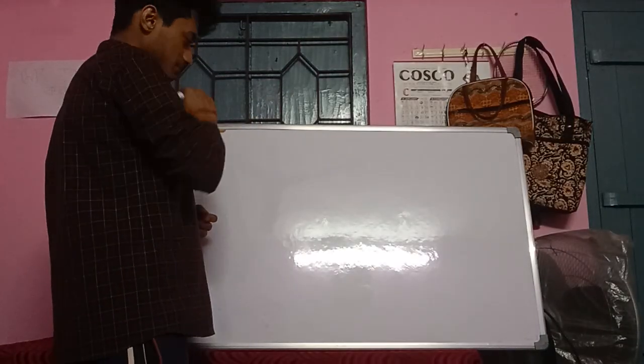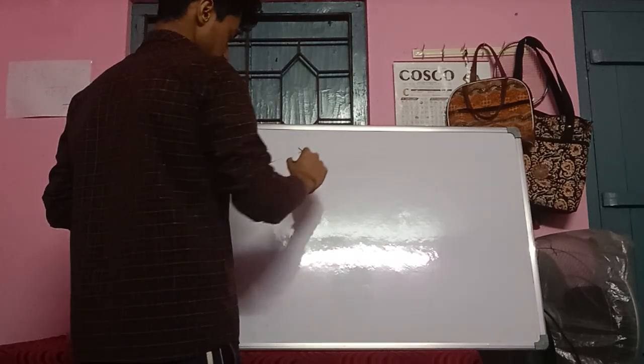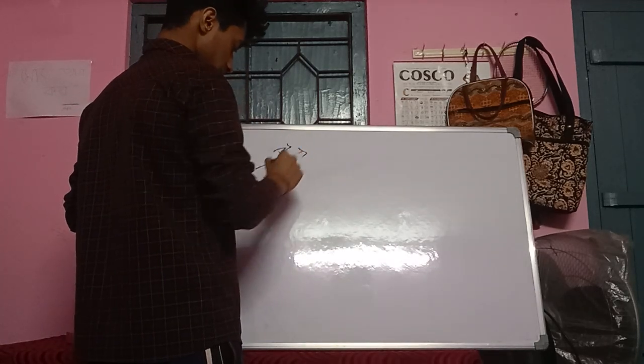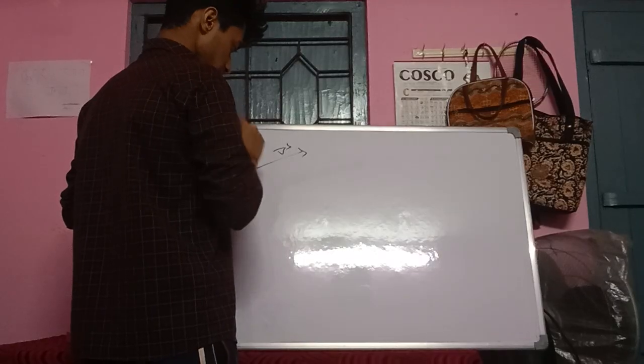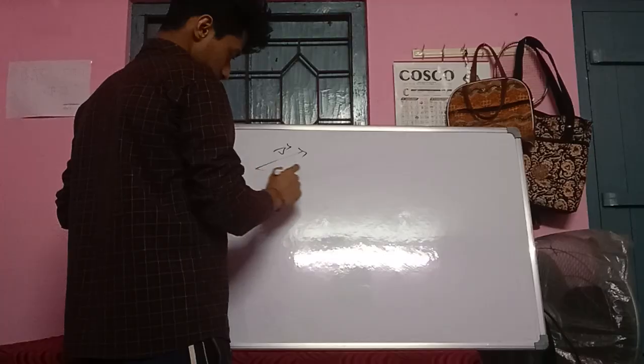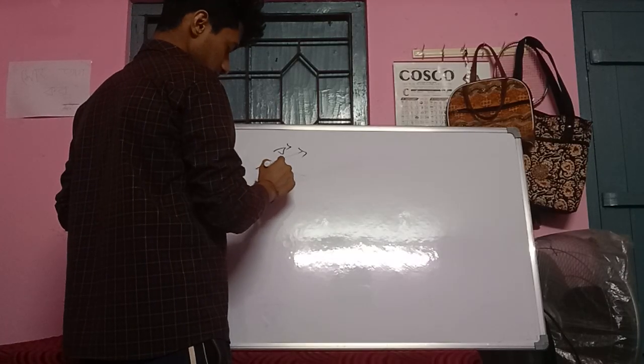So what I'm saying is, if there's a vector, let's say v vector, with a straight line, it creates an angle theta.